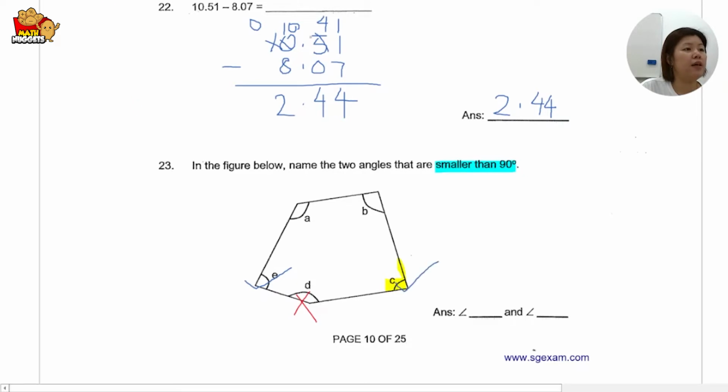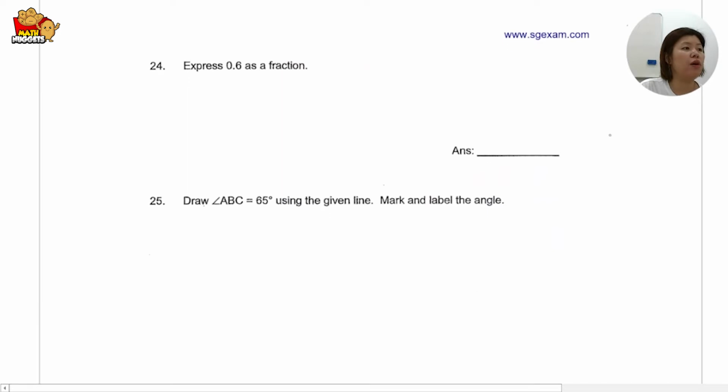Double check. B, if you can see, it's an obtuse angle, and A is also an obtuse angle. So these two is out. Answer E and C. Okay, let's move on.